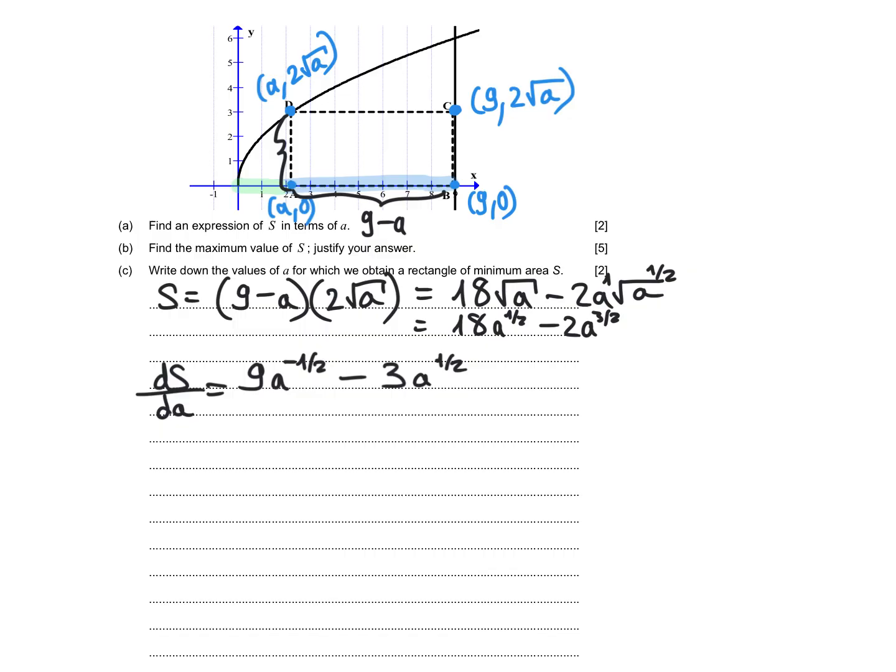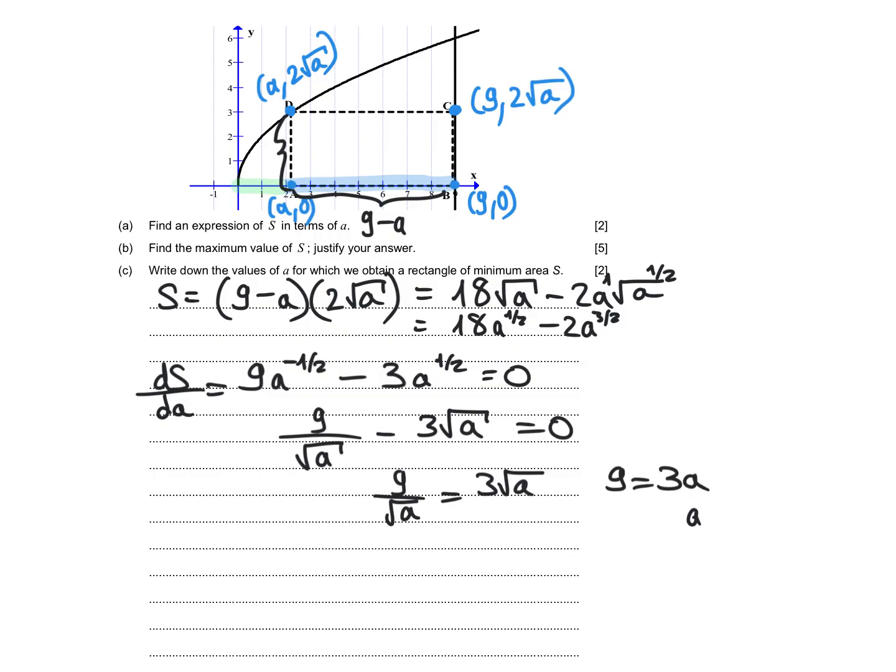And we want this equal to 0. So we're going to have 9 over square root of A minus 3 square root of A equals 0. And get the 3 root A over here, multiply by root A, which is just A. So A has to be 3.